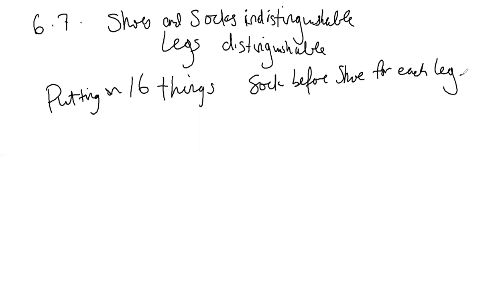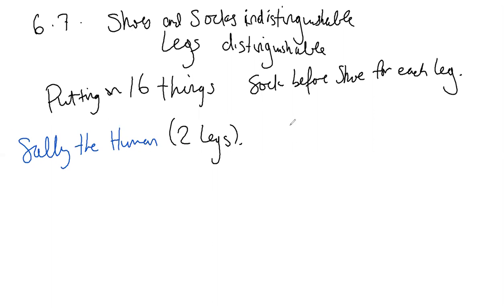But perhaps it might help to bring it down to something simpler. What if it wasn't Spiffy the spider, but Sally the human? If it was Sally the human, all of a sudden we have 2 shoes and 2 socks. So this is us making the question simpler. Sally the human has two legs, in case that wasn't obvious, and thus needs to put on 2 socks and 2 shoes.